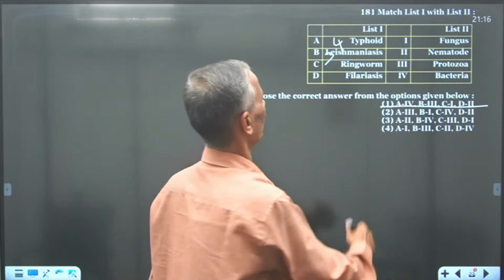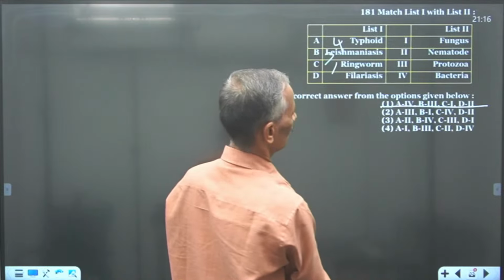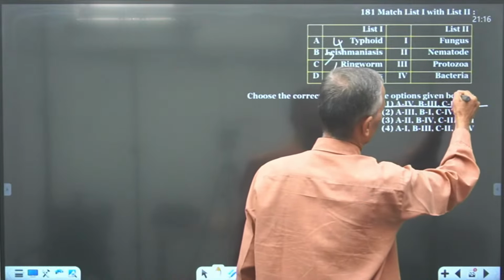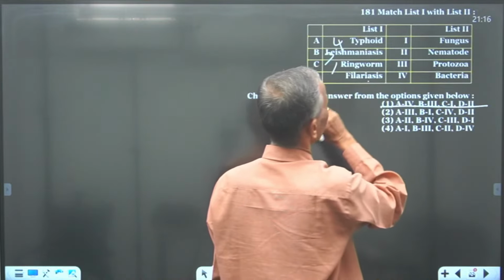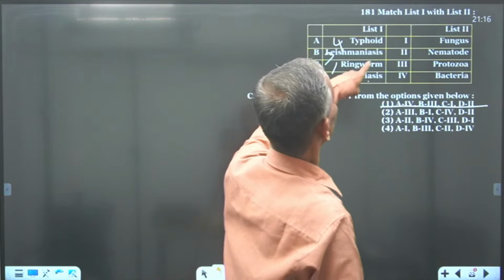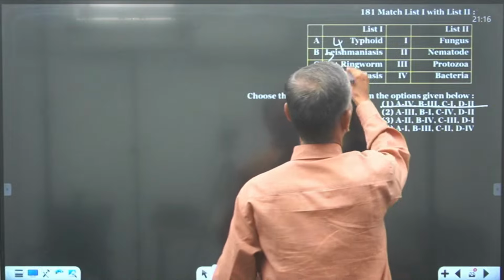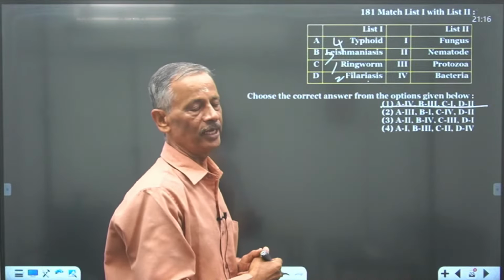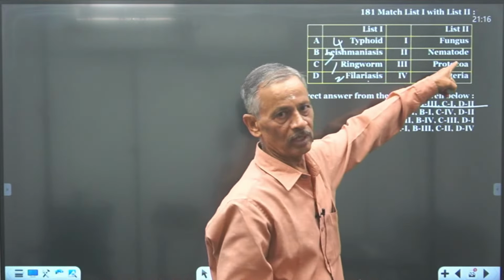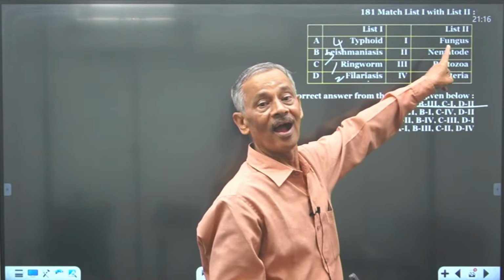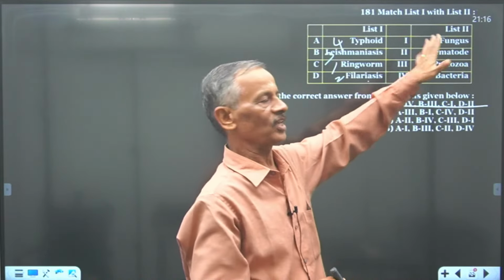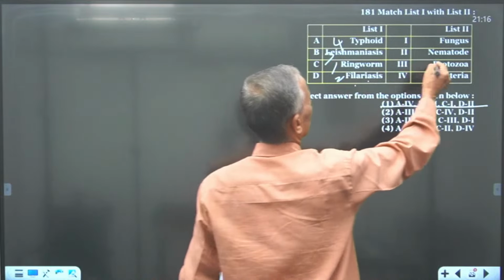It is caused by fungus. So we are very sure that ringworms are caused by fungal infection. So C is one only in one option. And filariasis. Filariasis is caused by the nematode Wuchereria malayi or Wuchereria bancrofti. Okay, which is a nematode coming under Aschelminthes. Nematode is a worm coming under Aschelminthes.